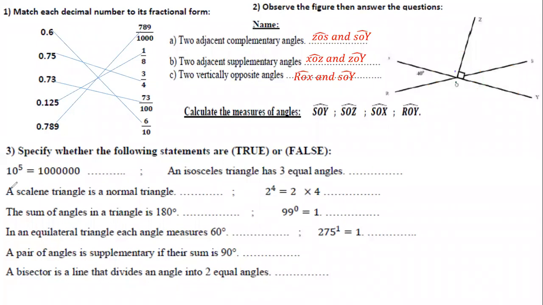So we should answer by true or false. We have 10 to the power 5. Is it equal to 1 and 6 zeros? No, it's false.